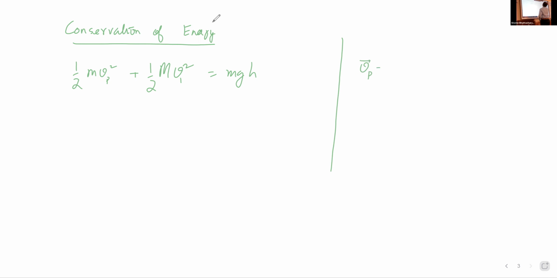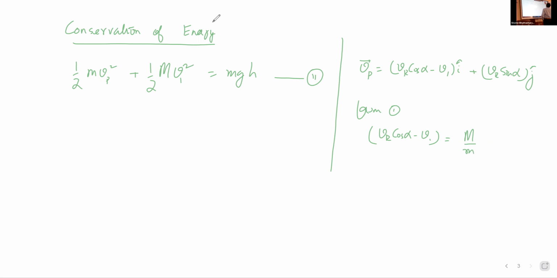Velocity of the particle was (V relative cos alpha minus V1) i cap plus V relative sin alpha j cap. And we already had a relation from equation 1: V relative cos alpha minus V1 is equal to capital M by small m into V1. Is this correct?